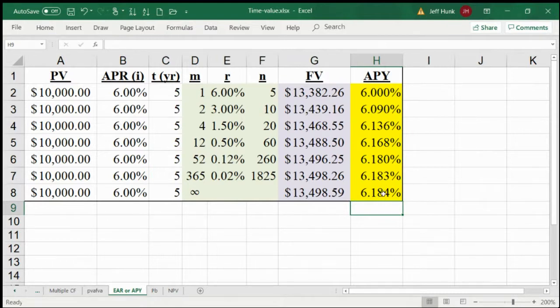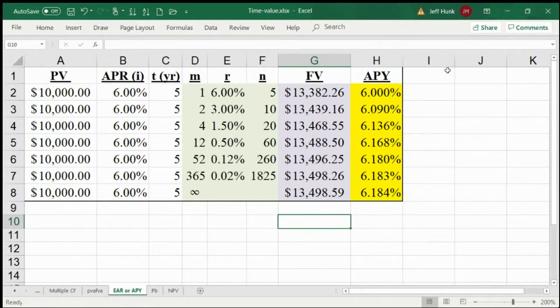So this is how you do continuous compounding, and this is how you find the APY.